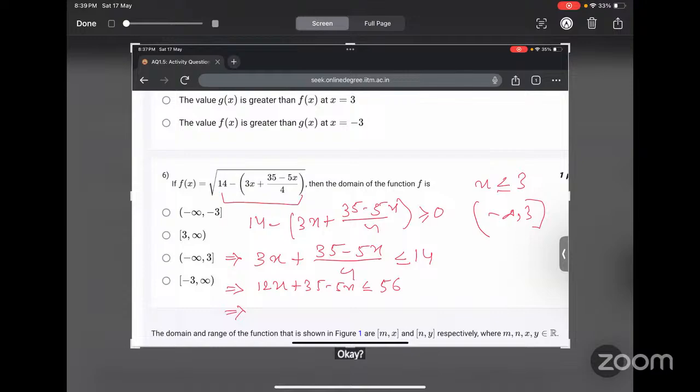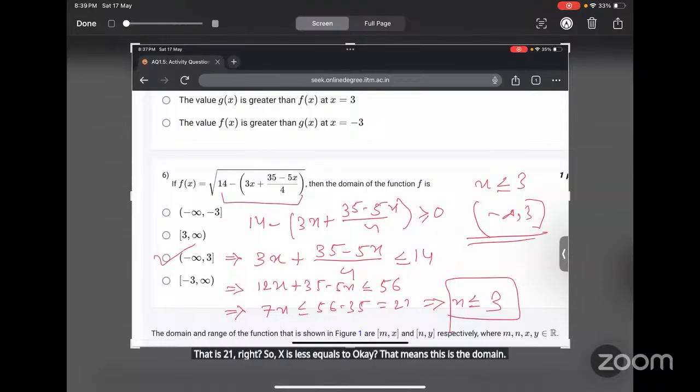Then 7x is less than or equal to 56 minus 35. That is 21, right? So x is less than or equal to 3. That means this is the domain. This is the correct answer. Is it fine? Any doubt here? No. Good.